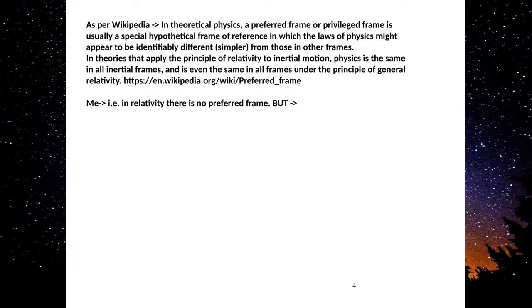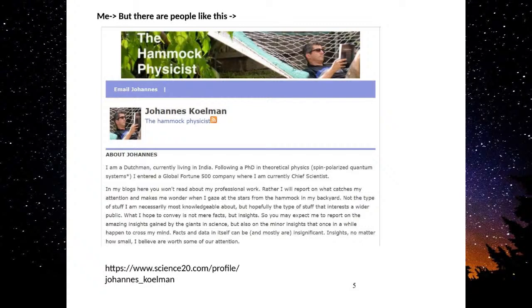But, this is a good but, got this person who calls himself the hammock physicist, Jones Coleman, and he's saying there is a preferred frame. And he's pointing out that he's a physicist. What does he say?